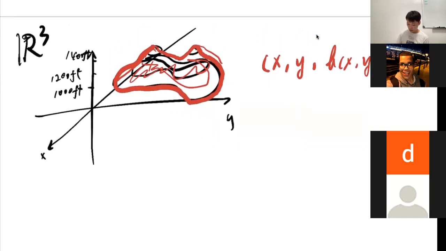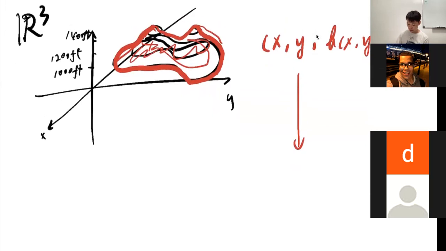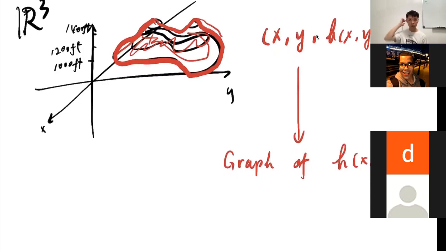This is what we call the graph of h, similar to the idea in Cal 1 when you represent the function y equals f of x by the point x, f of x. So now because you're using 2 variables, you put x and y, and then you put the value of h into the z coordinate.